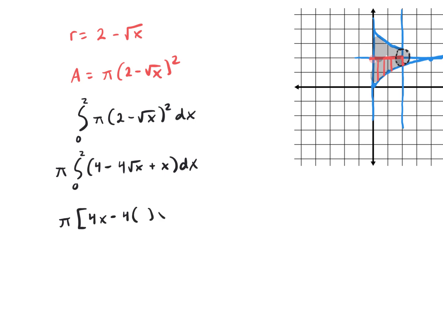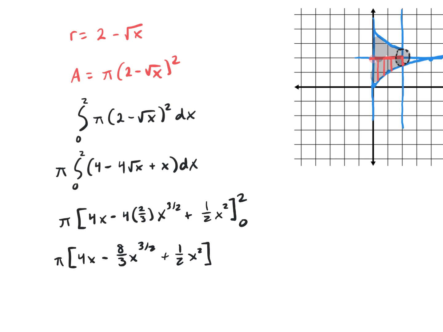We know that our new exponent, since this is 1/2, will be 3/2, so we'll multiply by the reciprocal of that to clear it, and then plus 1/2 x squared, evaluated from 0 to 2. So that's pi times 4x minus 8/3 x to the 3/2 plus 1/2 x squared, evaluated from 0 to 2.